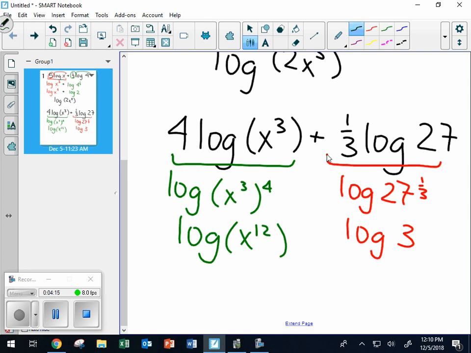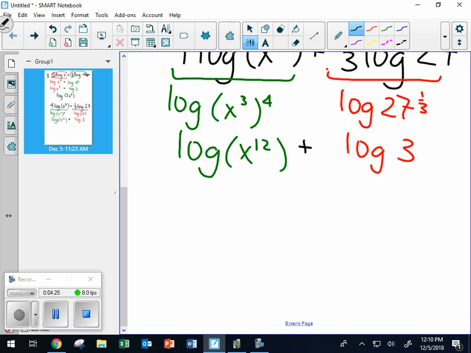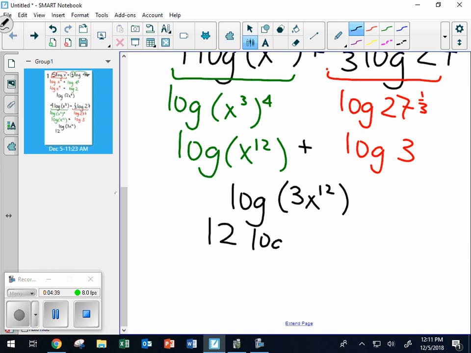If these are our two terms here, let's call on row 6, person 2. We would have 3x to the 12th. Somebody asked, can we rewrite this as 12 times the log of 3x? Thank you. And the answer is yes. Those are equivalent.